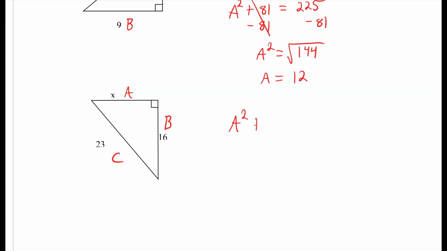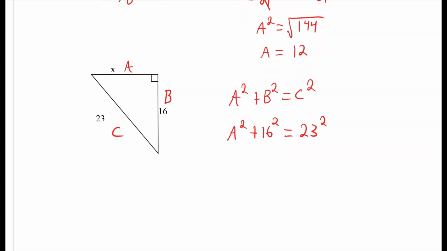So a squared plus b squared equals c squared. A squared is our unknown, plus b squared, which is 16, equal to c, which is 23 squared.